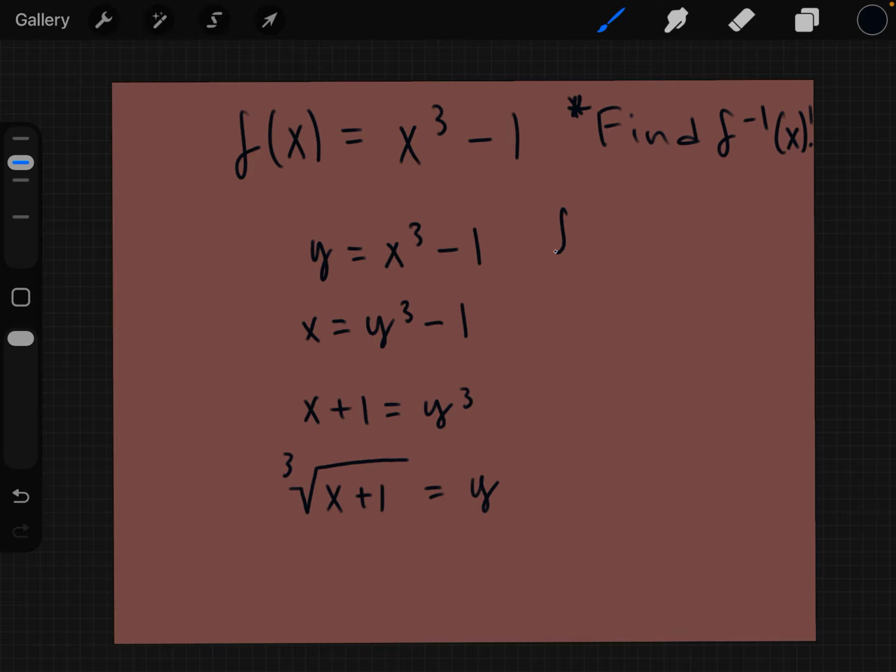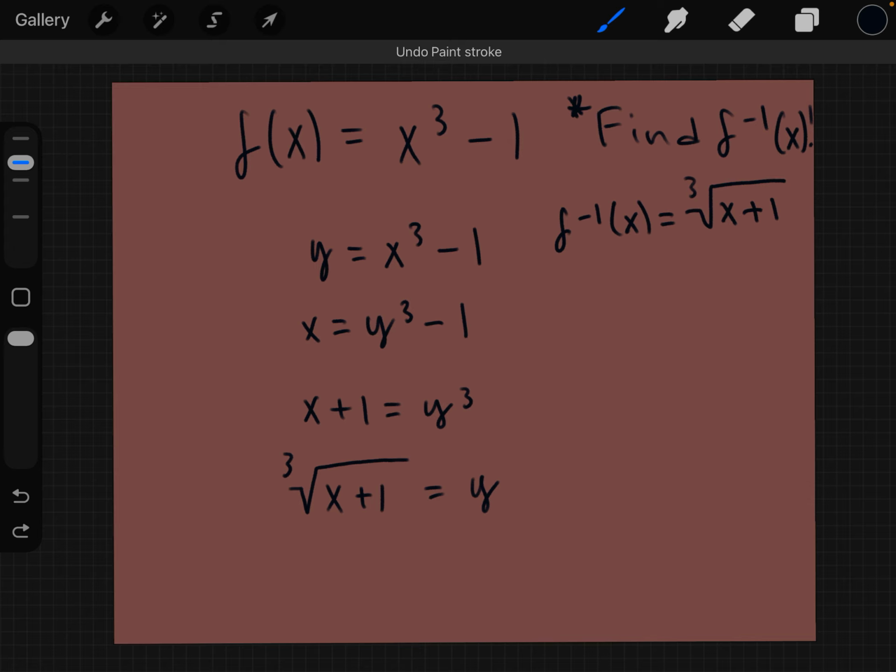And then replace y with f of inverse of x. And that is the inverse. And because it's a radical, we know it can't be negative, so x has to be greater than or equal to -1.